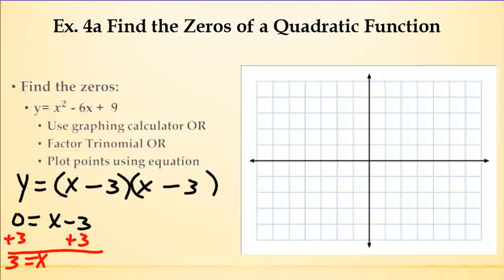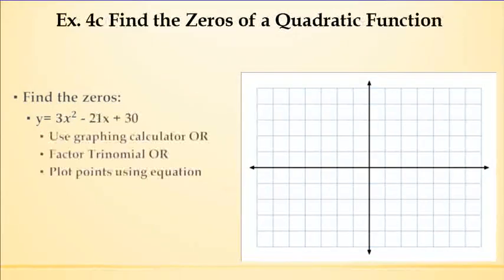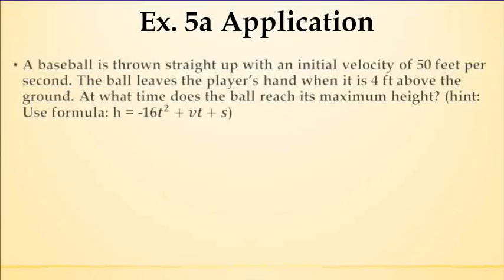So when y is 0, x is going to be 3. That is going to be my zero. We are not going to graph this because we already know where these zeros are. You can do this next one yourself for extra practice. Same as for C.